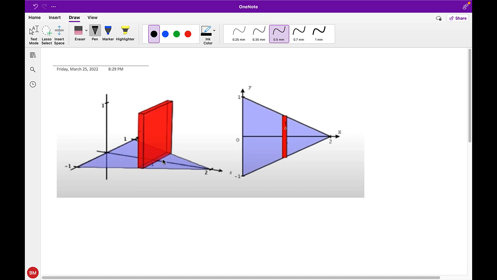So from a 2D version, we see the rectangle just looks kind of like this, right? So the idea is that if we string together enough rectangles and we find the volume of those rectangles, we can find the volume of our solid.